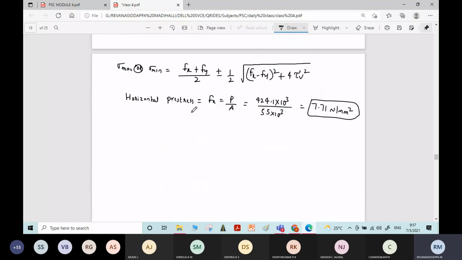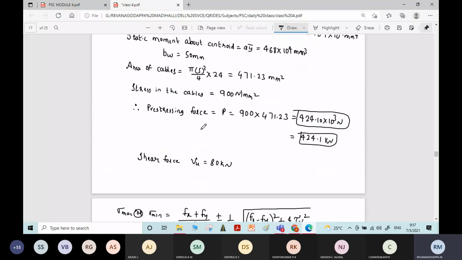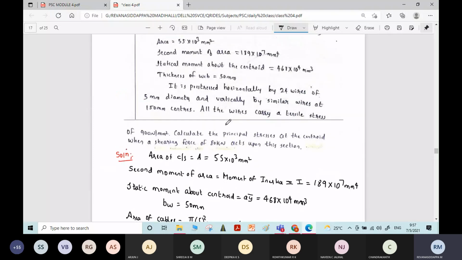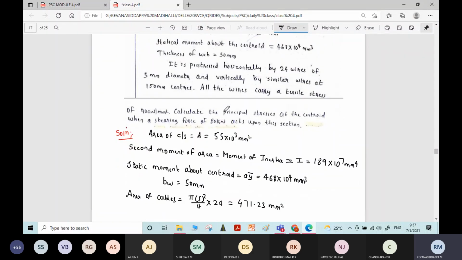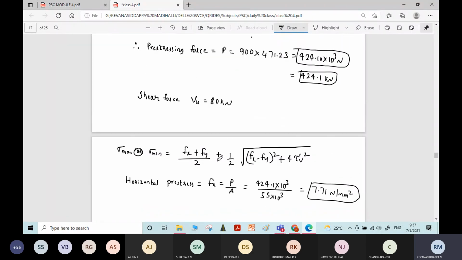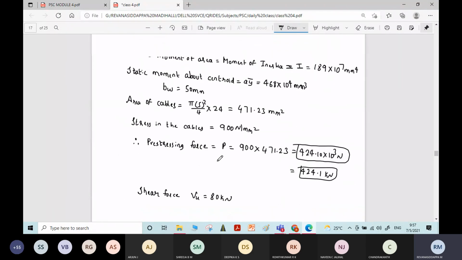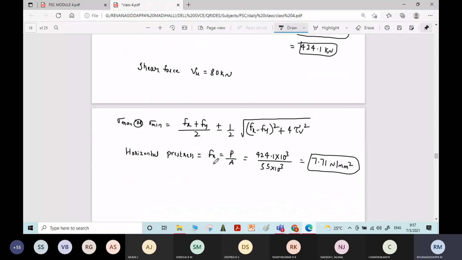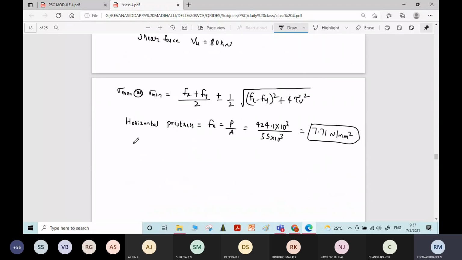It is clearly mentioned in the problem that the beam is pre-stressed both horizontally and vertically. Horizontally, you are all familiar with finding the fx. For vertical cables, let us see how to find the Fy, the vertical pre-stress.